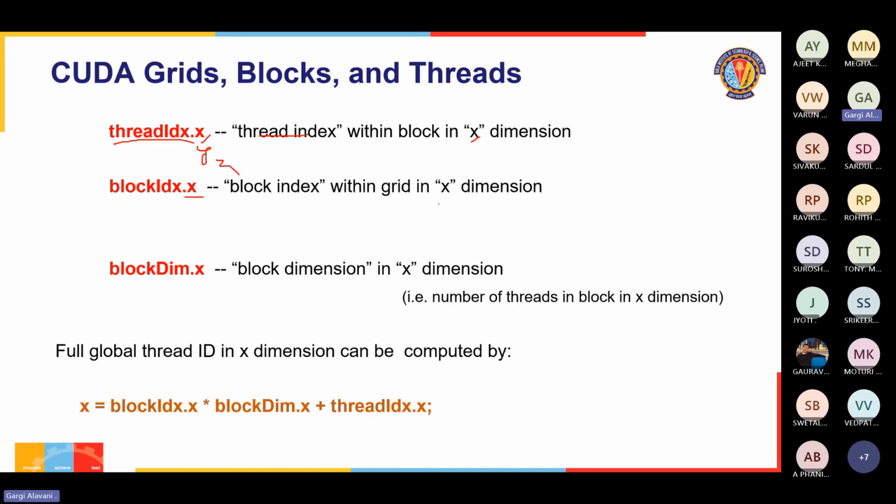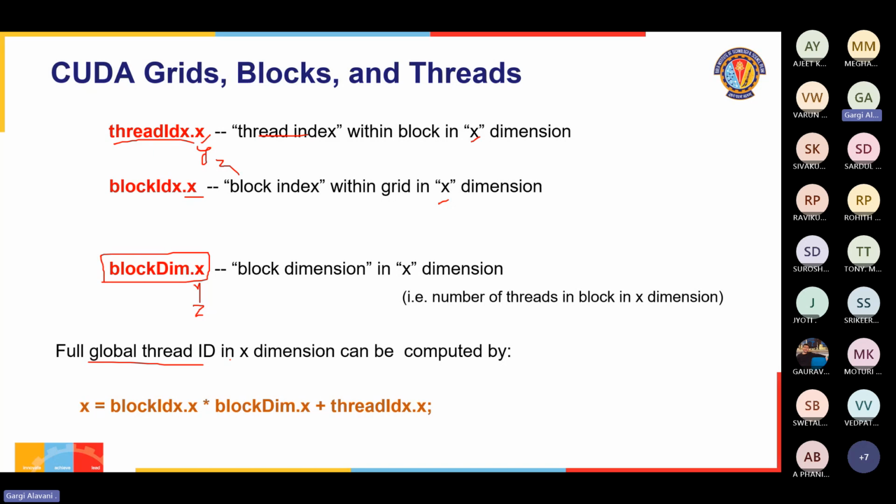In this case, it is in the X dimension; again, Y or Z is possible. blockDim gives you the dimension of your block. It again can be in X, Y and Z dimensions. These three things help you to calculate the global thread index for your thread.